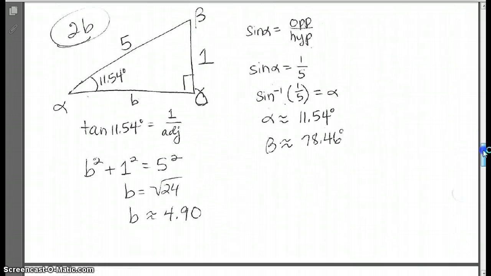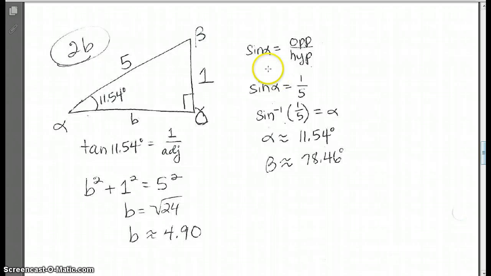And then here's another example where you're given that alpha is 11.54 degrees and you get the length of the hypotenuse and the length of one side. So in this case, if you want to know B, well, you would know opposite over adjacent, which is tangent. And so then you can do the work there to get what the side B is, approximately 4.90, or you can also use the Pythagorean theorem because you have two sides and you want to know the third side.